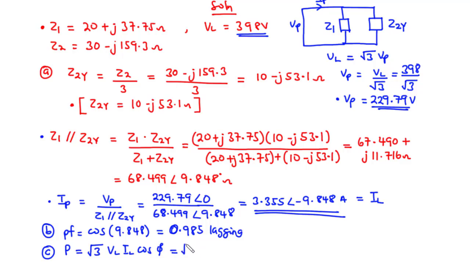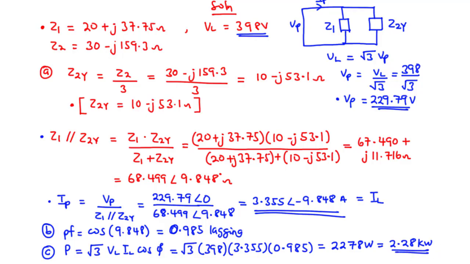So we have root 3 times the line voltage, which is given in the question to be 398, times the line current, which is 3.355, times cosine of angle phi, which is the power factor, 0.985. And then when you multiply all these values, you are going to get 2,278 watts, and that can be simplified as 2.28 kilowatts.